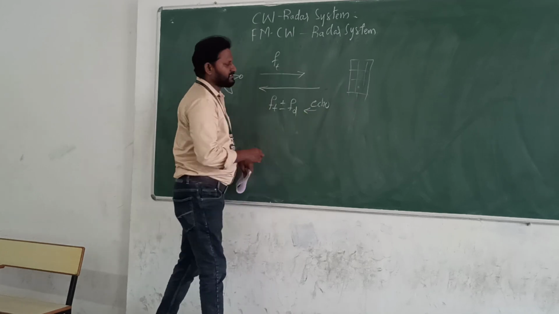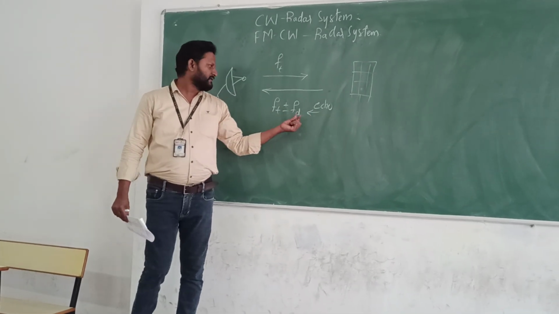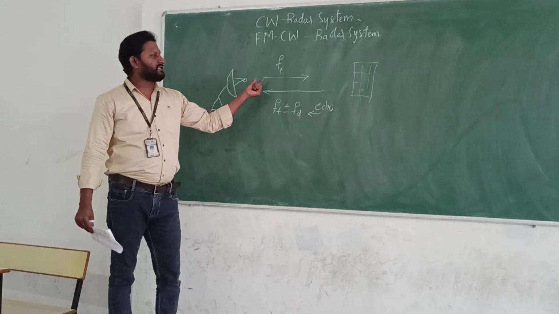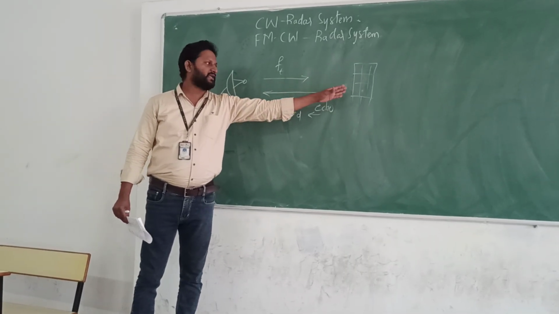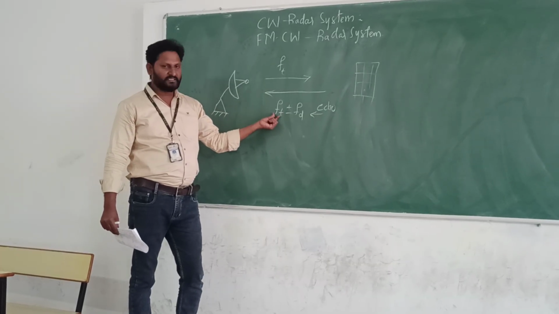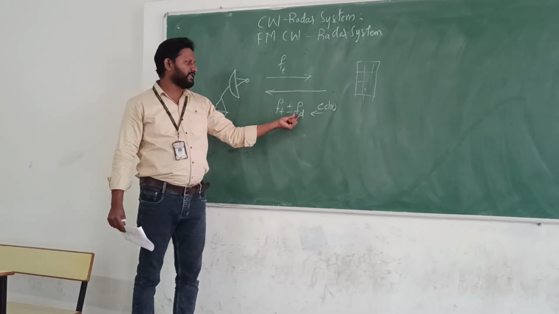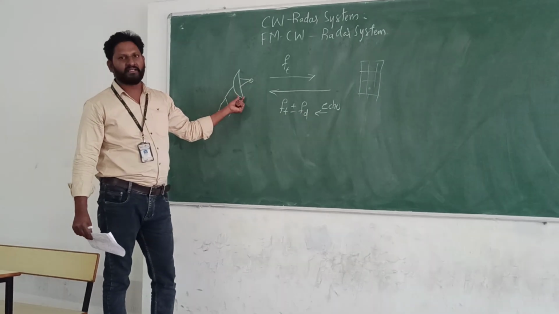Whatever transmitted signal f of t collides with the target or object and is reflected back, its frequency is f of t plus or minus f of d, and that will reach our antenna.